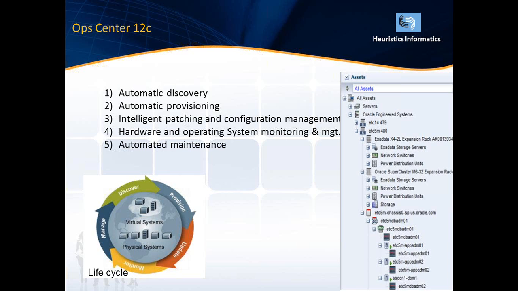If there are any patches that need to be applied, or if the software or firmware is not in proper order, it will trigger an alert to the user that this particular component is not reaching Oracle's standards, so please check this Oracle system. With the help of this monitoring alert, the user need not continuously keep an eye on the system.